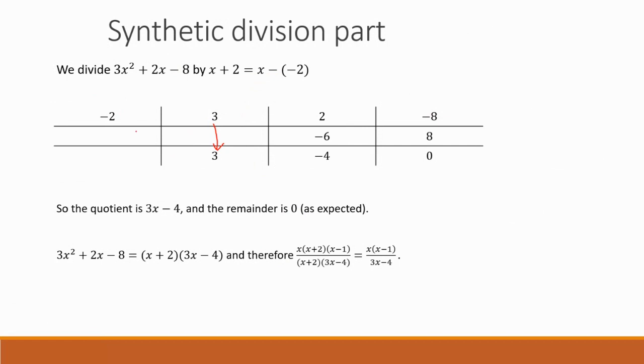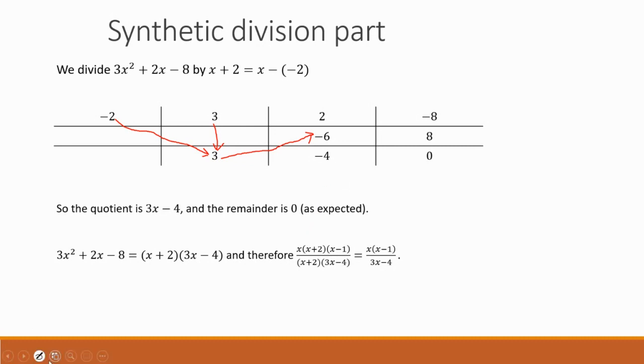This 3 comes down. Remember what you do? You multiply. And then that answer, which is -6, you put up here, and then you add, you get -4. And basically now the process repeats itself.